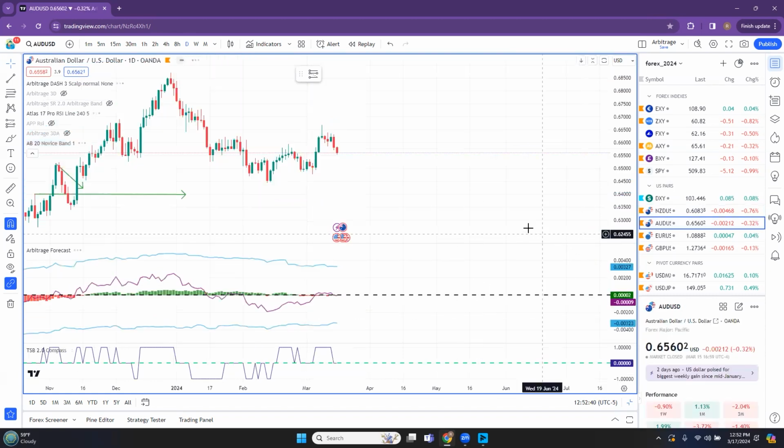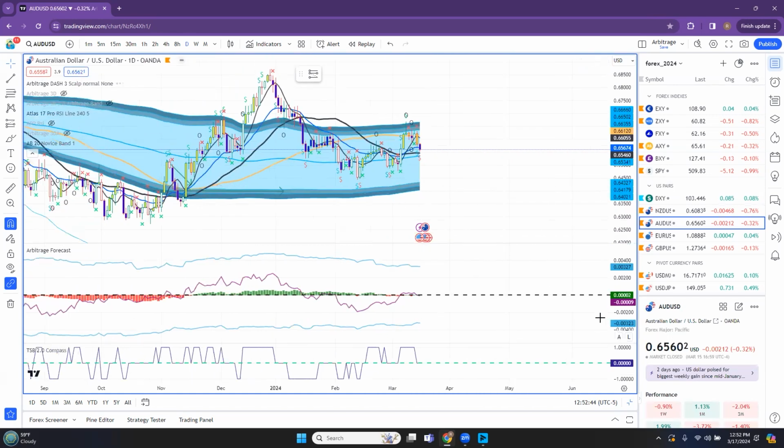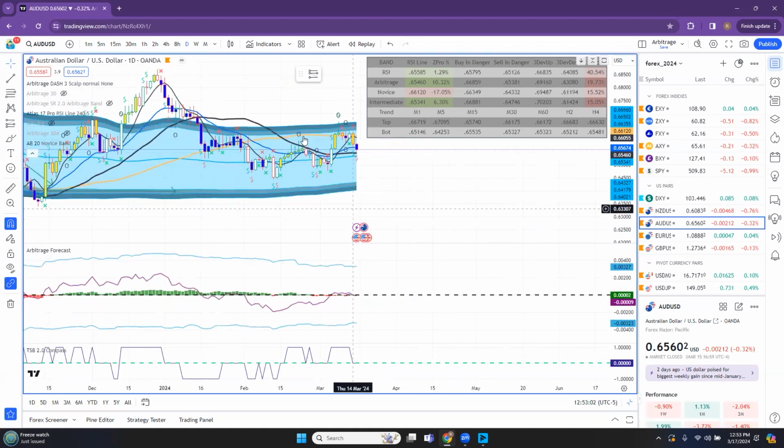Let's go take a look at AUD USD. AUD USD once again. So right now we're still losing about let's say 7/10,000ths of a cent per day on AUD USD. So that means still overall more down than up, and we're still underneath that novice line.